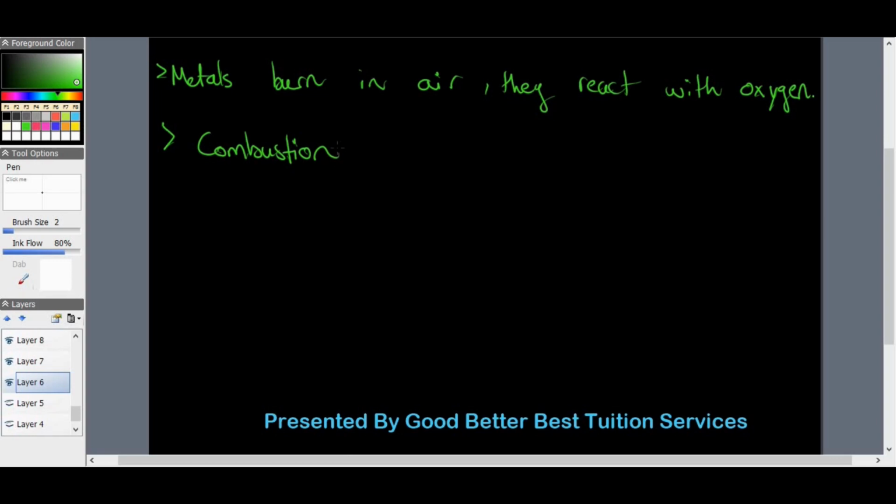So the process of burning is called combustion. Key word in there is bust. When something bursts or busts, there's a bit of an explosion. So I always teach my students this in colloquial language: when anything reacts in oxygen, kaboom, fire, sets alight, explosion.